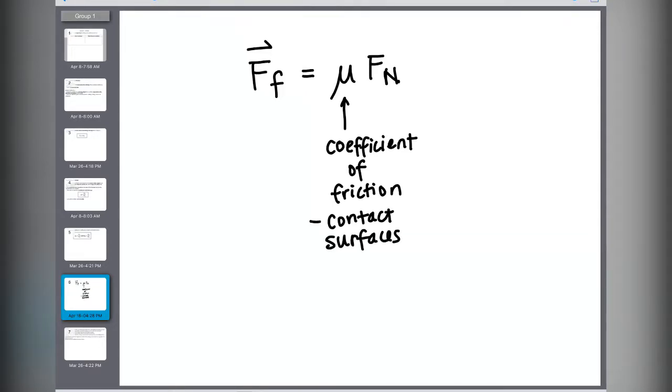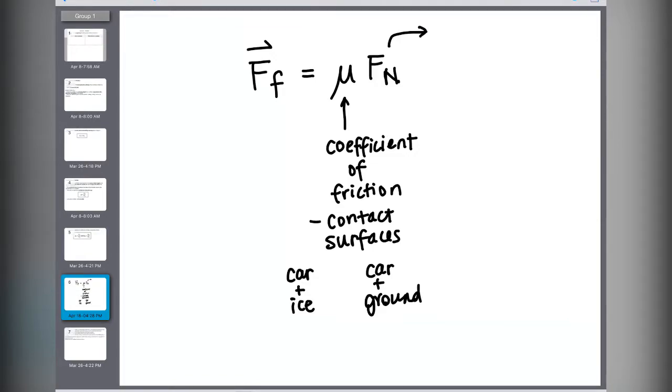So say, for example, between a car's tires and ice versus if the car is on, say, normal level ground, you actually have changed the coefficient of friction, and it's a constant between the specific materials.